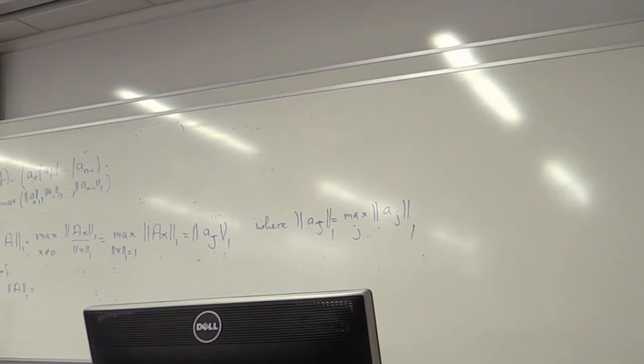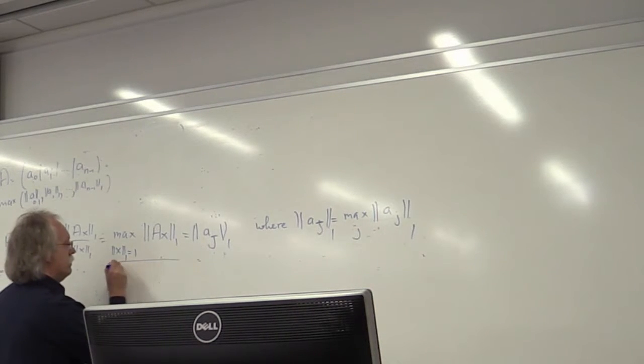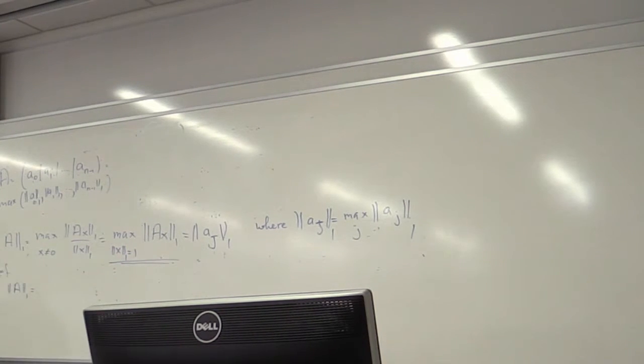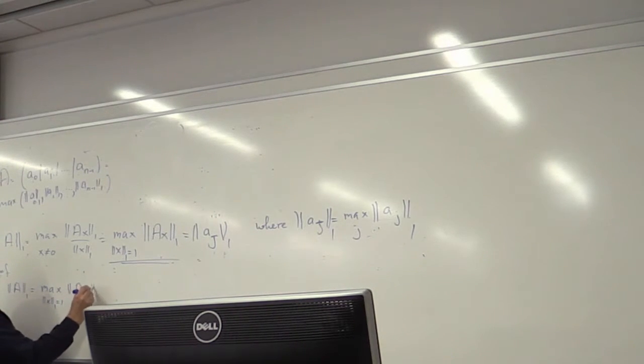But from experience, I happen to know that this particular definition is the one that will work better. Let's try it. If I'm wrong, then we just learn something, right? So we say it's the max of all x with 1 norm equal to 1 of A times x in the 1 norm.